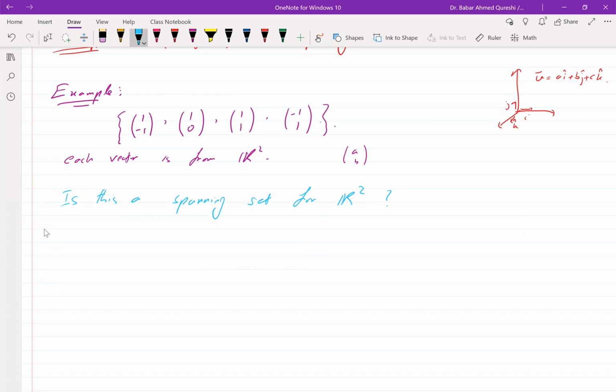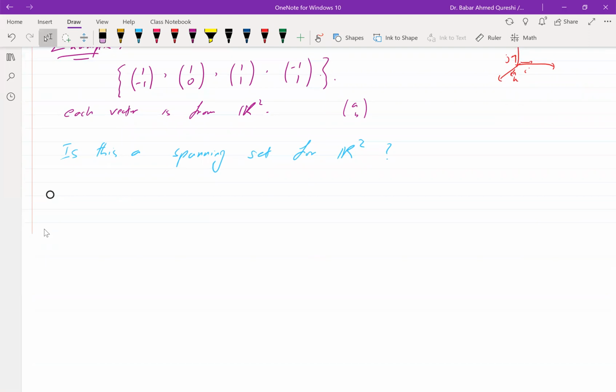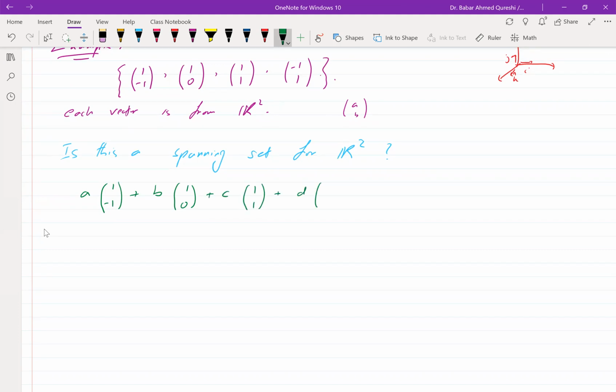So for that, we have to check. How do we check? I make the span, a typical element will be this. I can choose any constants A, B, C, D over here. And using these, I should be able to make any vector of R2.